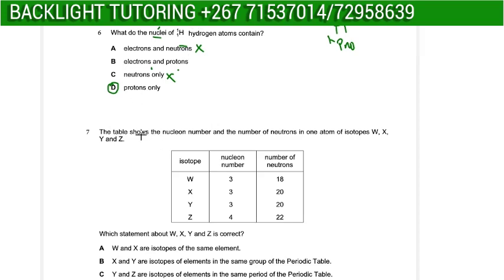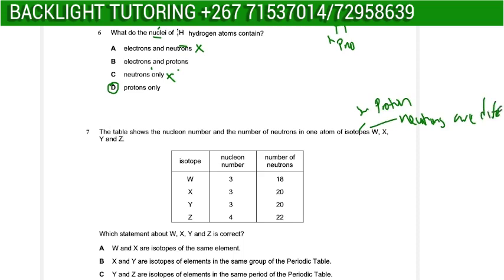Looking at question 7, it says the table shows the proton number and the nucleon number and the number of neutrons in one atom of isotopes W, X, Y, Z. Which statement about W, X, Y, and Z is correct, right? Remember, isotopes have the same number of protons, right? Protons are the same, but neutrons are different.